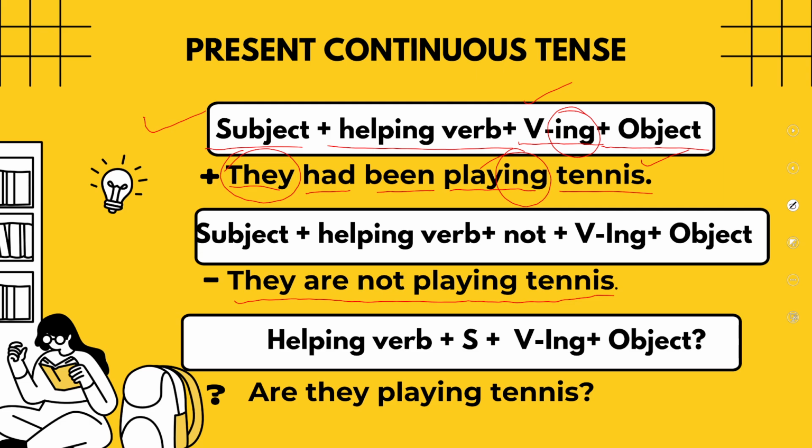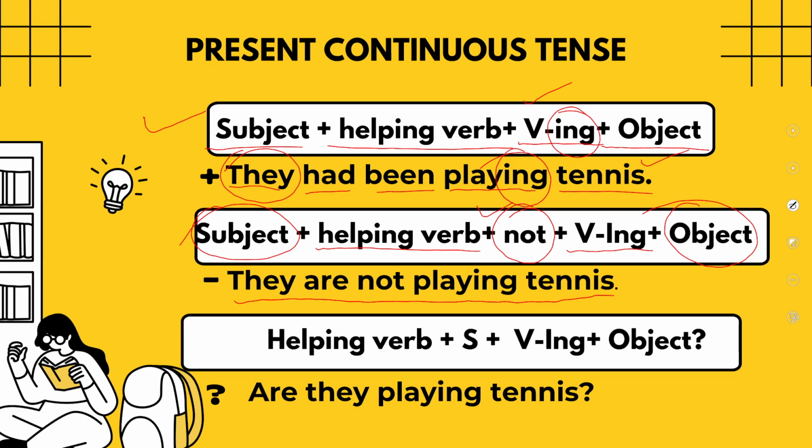We will form this into a present continuous tense by the subject plus the helping verb plus not and then verb with ing and followed by an object. For example, they are not playing tennis. We just added not to make a negative sentence.